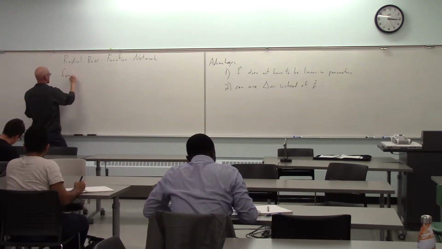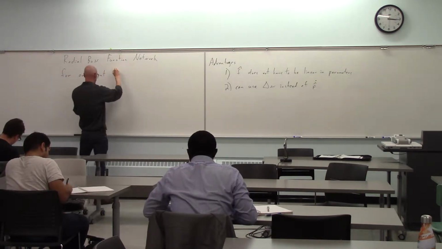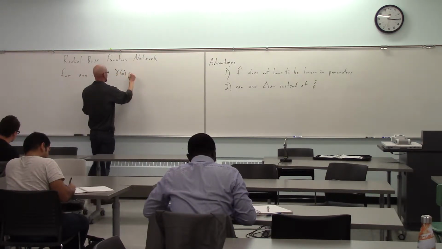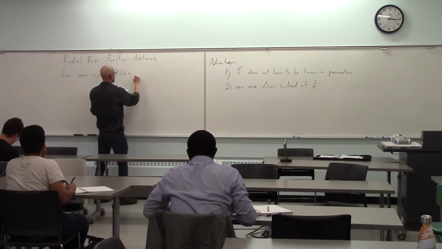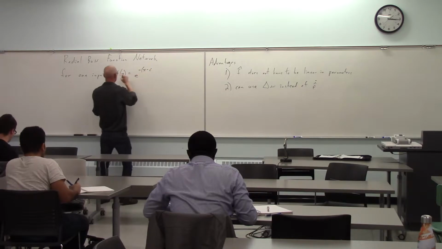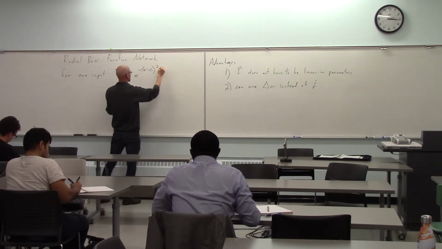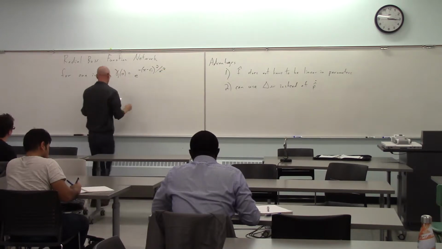For one input, you would have gamma i of x equal to e to the negative x minus c i squared over sigma squared.